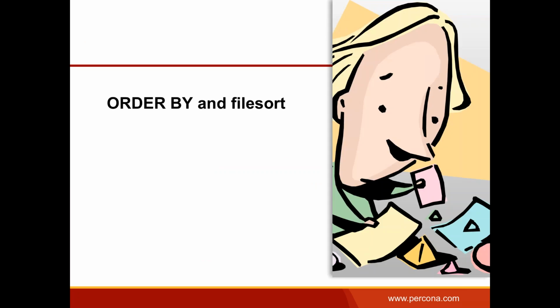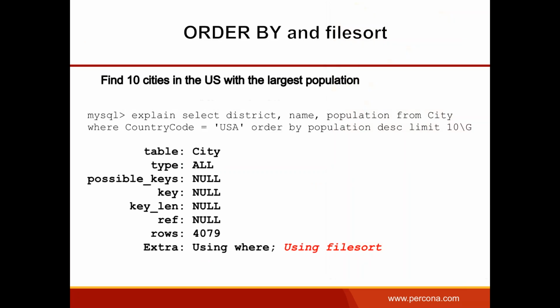So our next topic is order by and filesort. Let's start with a very simple example. Let's say that we need to find 10 cities in the United States with the largest population. So we have a city table again, and we do order by population.